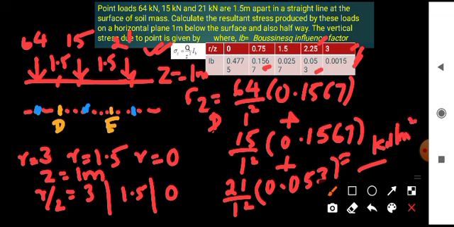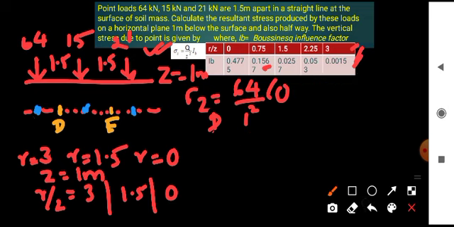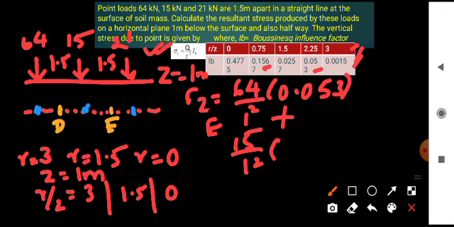Similarly, let us now take the E point. So 64 divided by 1 square, the 64 will be lying at a distance of 2.25, so we have to consider 0.053, plus then 15 divided by 1 square into, this will be lying at a distance of 0.75, that is 0.1567, plus the last one is 21 divided by 1 square.